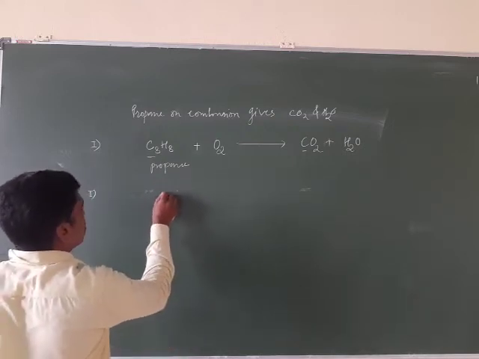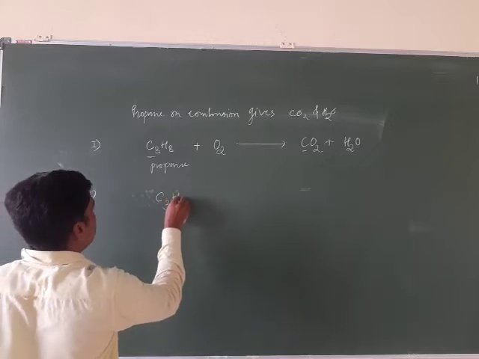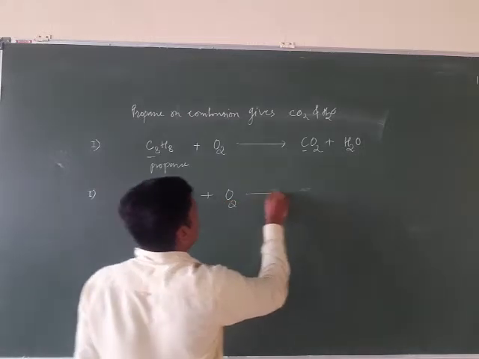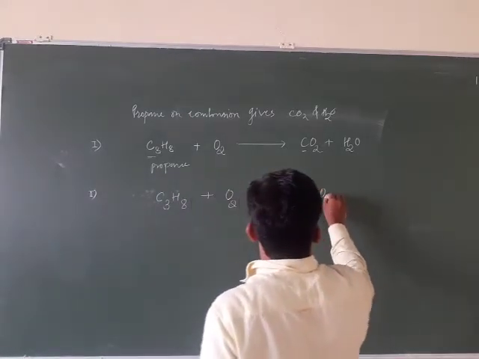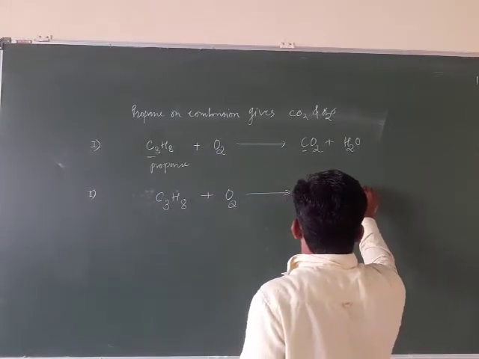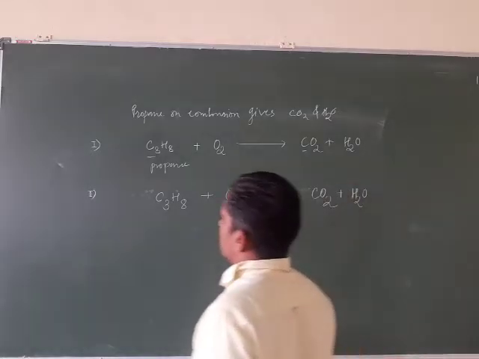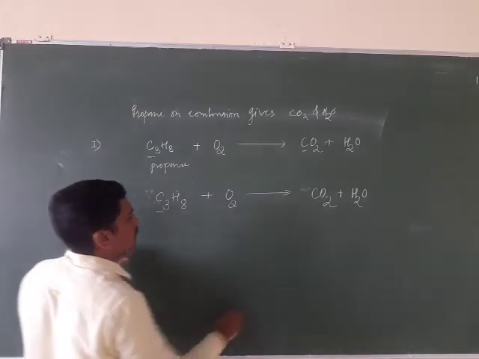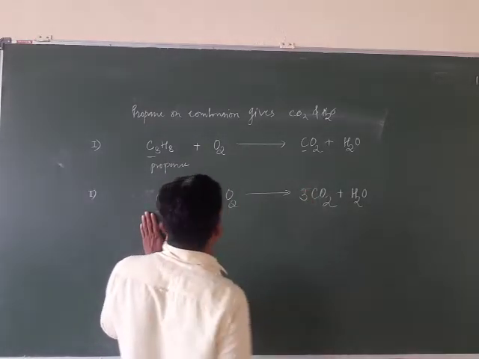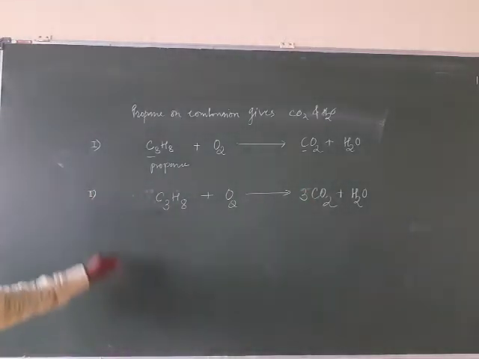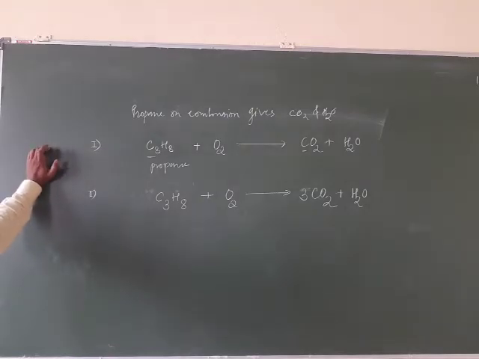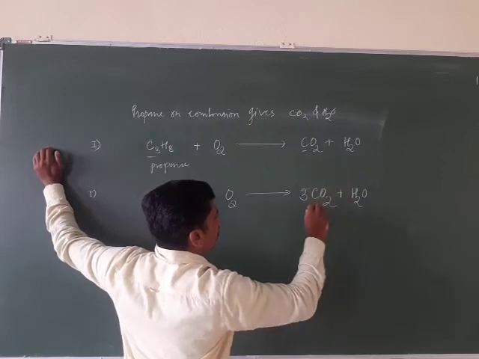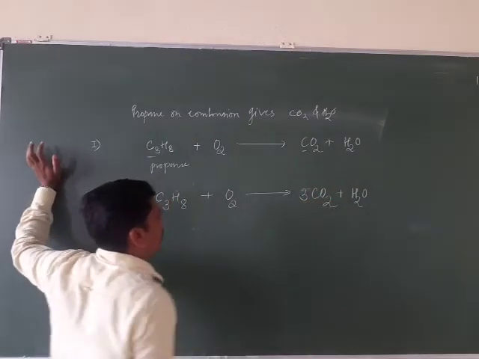C3H8 plus O2 gives CO2 plus H2O. Balance the carbon atom first: here it is 3. So we have to take 3 carbon dioxide, because each carbon dioxide contains only one carbon atom. So we require a total of 3 carbon dioxide.